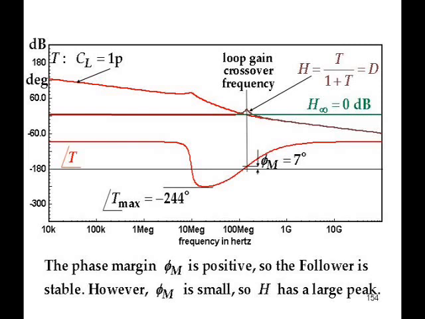Now with these numbers, the crossover frequency is close to the triple slope part. And the phase margin is minuscule, 7 degrees. That's why the H has a substantial peak in it. I don't remember just what the value is, but you see this is a pretty condensed scale, so the peak is pretty big.